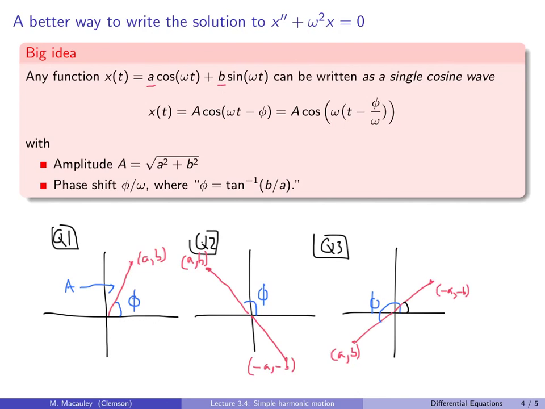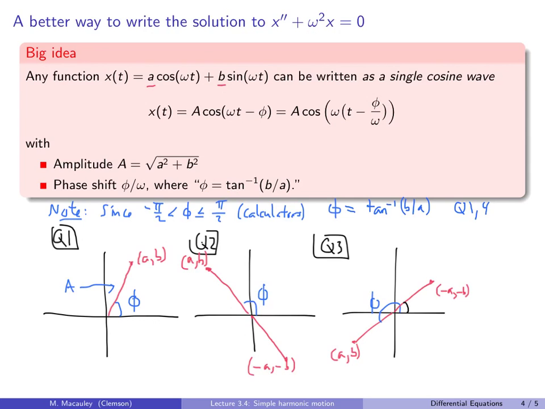So to summarize this, let's actually write this down. Note: since the calculator's inverse tangent gives phi between negative pi over 2 and positive pi over 2, I'm fixing this little statement, the actual value of phi is inverse tangent of b over a when we are in quadrant 1 or quadrant 4.